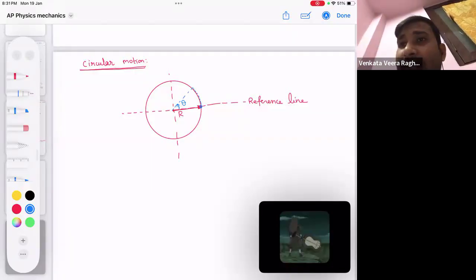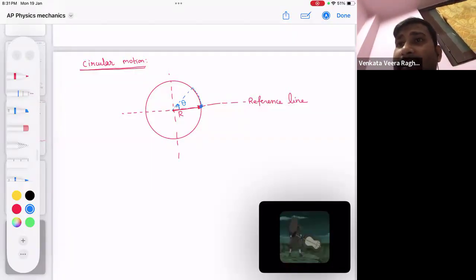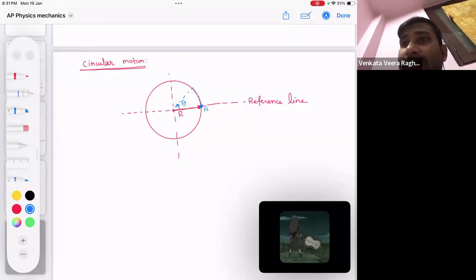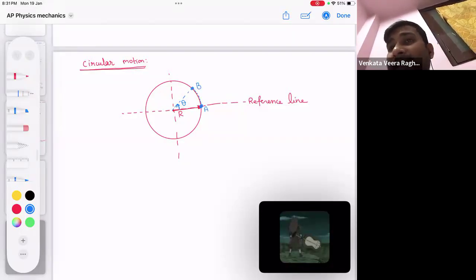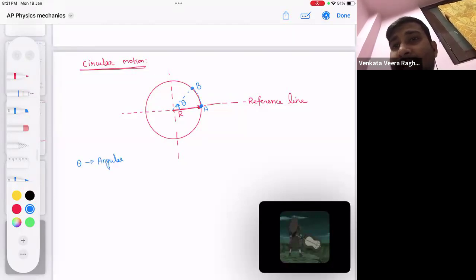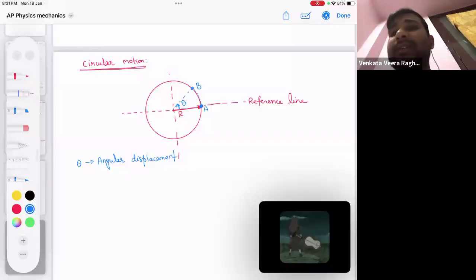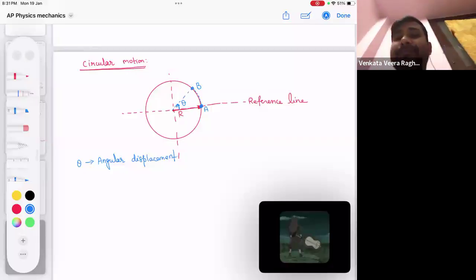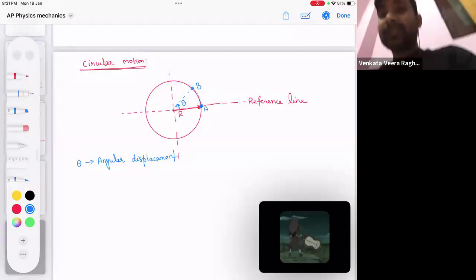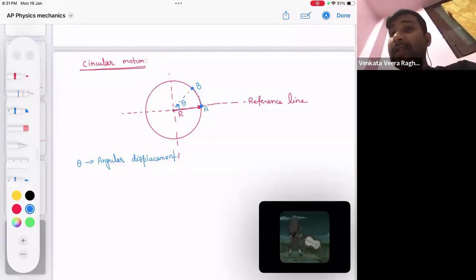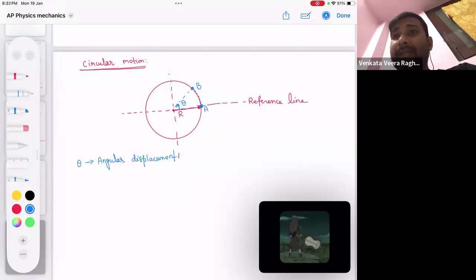So the particle has covered, let's say, from point A to point B, some angle. What is this theta called? This theta is called the angular displacement. Understood?